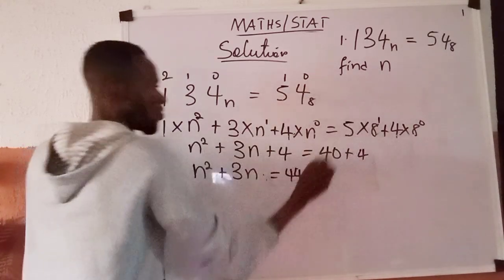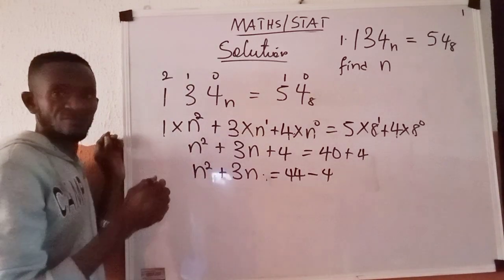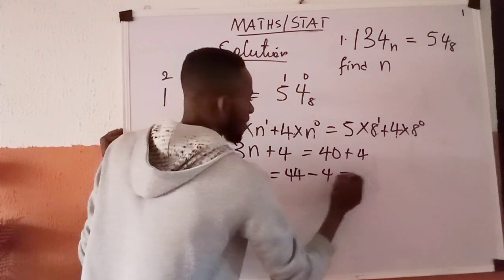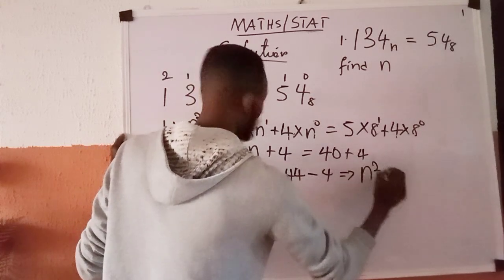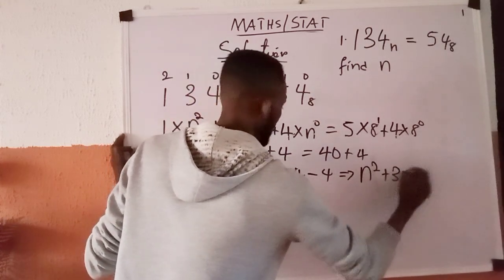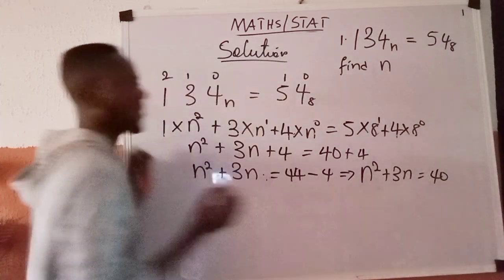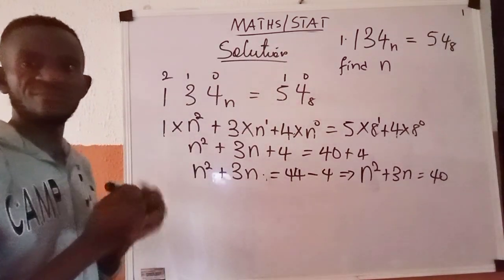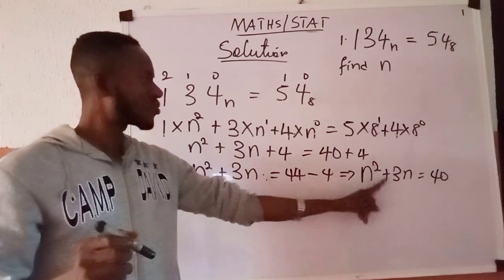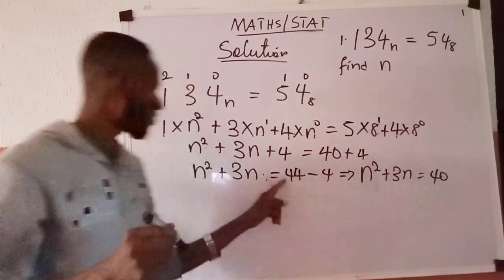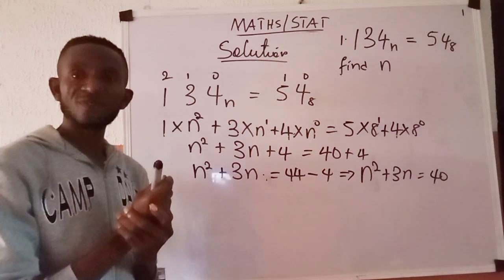So this 4, on going over there, becomes minus 4. This implies that you have n raised to power 2 plus 3n equals 40, because 44 minus 4 is 40.